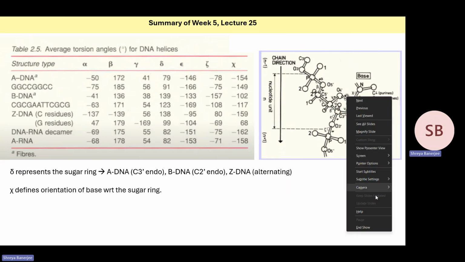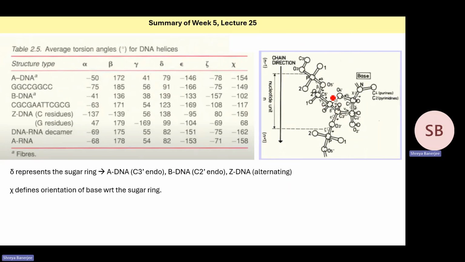Delta is the torsional angle between C5 prime, C4 prime, C3 prime, and O3 prime. So these four atoms, 1, 2, 3, 4. The torsion angle between these four atoms is called delta. And because C4 prime and C3 prime are part of the deoxyribose sugar ring, delta is representing the sugar ring.